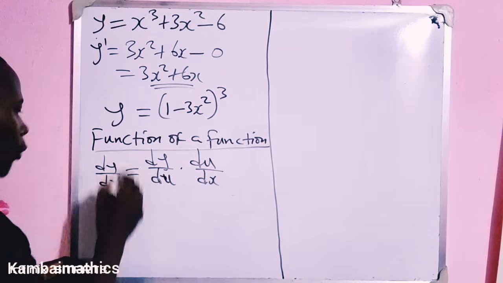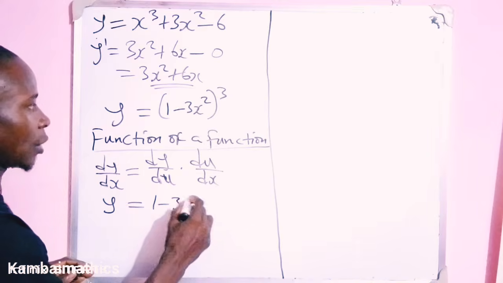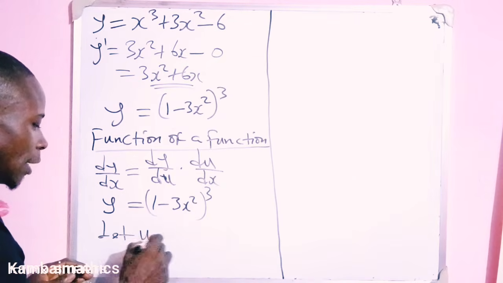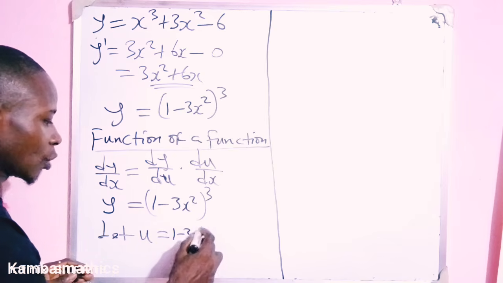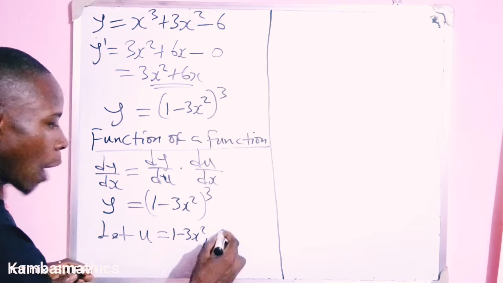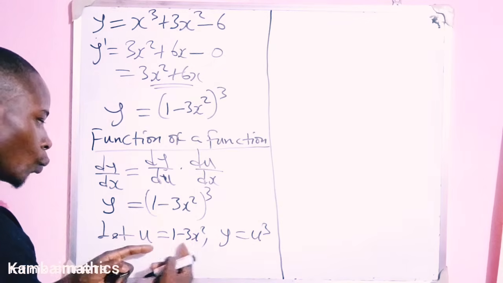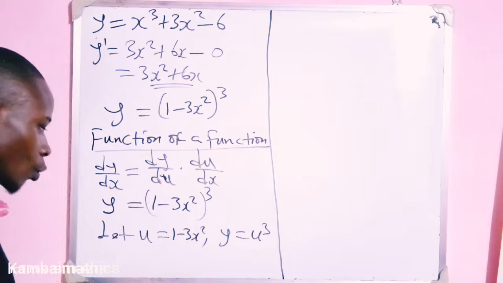Let's say we have this example, y is equal to 1 minus 3x squared, close bracket, raised to the power of 3. So we say let u be equal to what is inside the bracket, which is 1 minus 3x squared. Then by implication, our y is now equal to u raised to the power of 3.